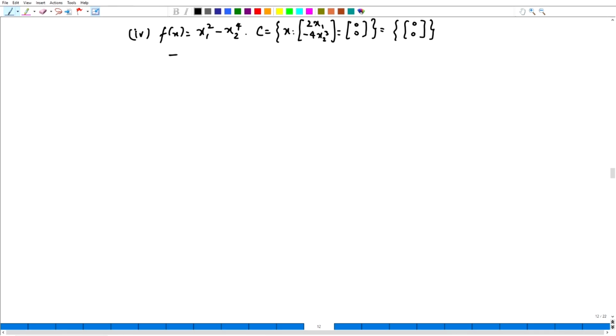Now, when you write del 2 f of x star, the Hessian matrix is [[2, 0], [0, -8 x2 star squared]].